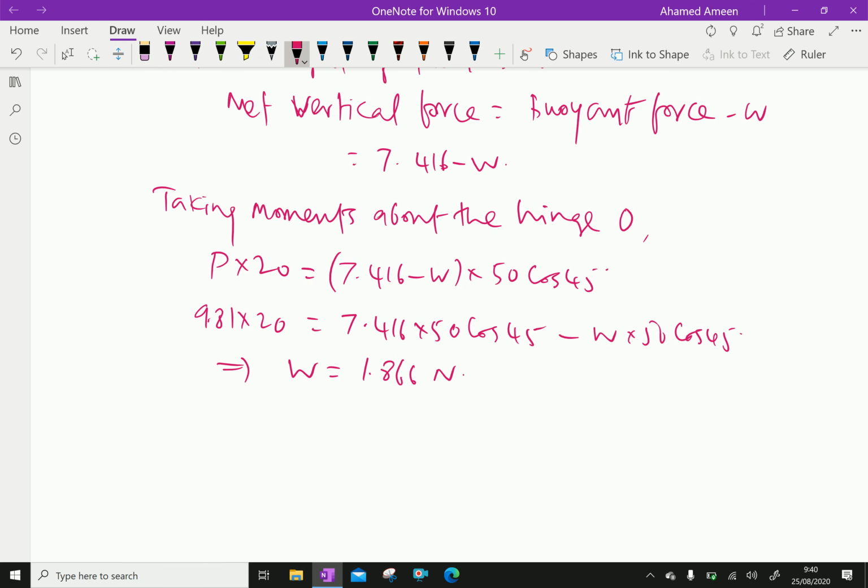Therefore, weight of float is 1.866 Newton. You can put it as it is.